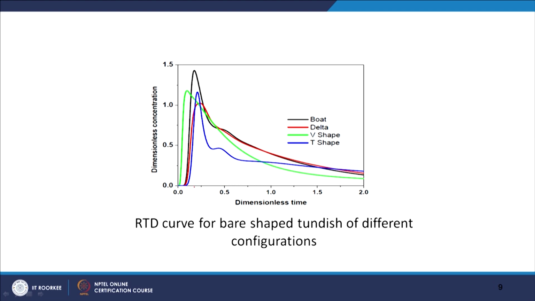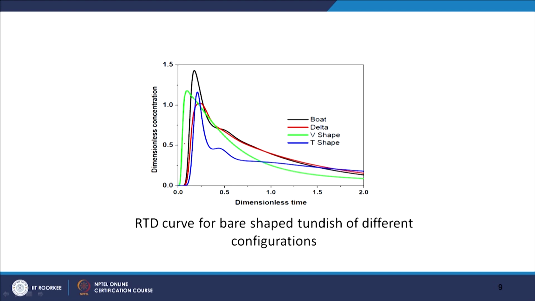If you see the appearance of the tracer, it is delayed for the longest time for the T shape, which is indicated by the blue color. For the V shape, you see a very early appearance.